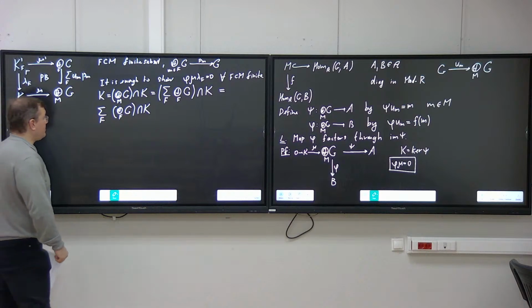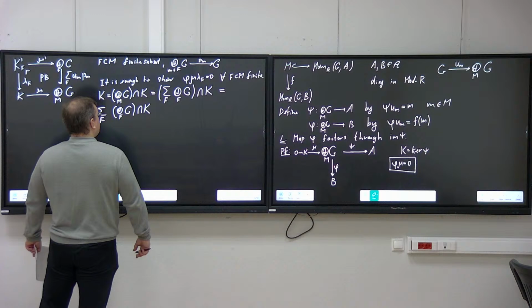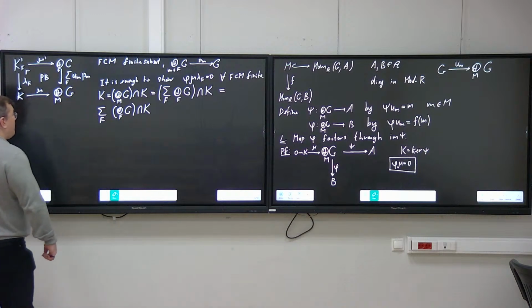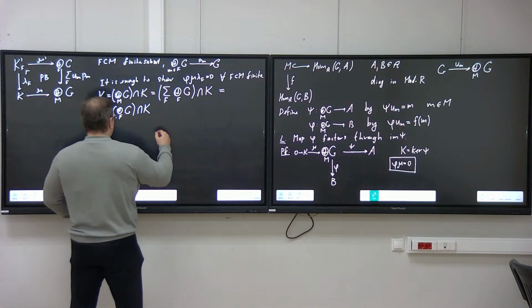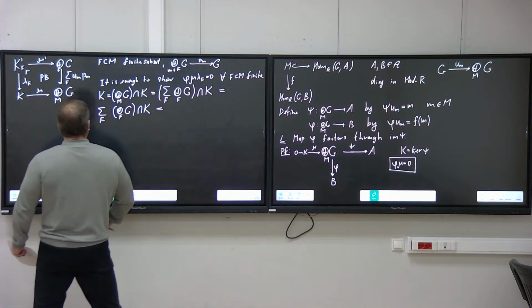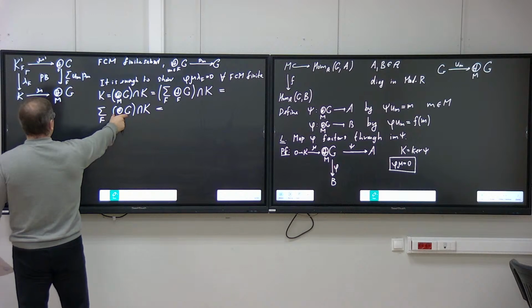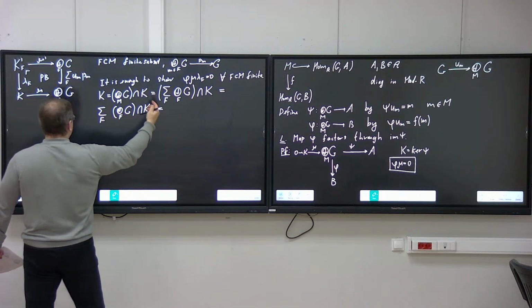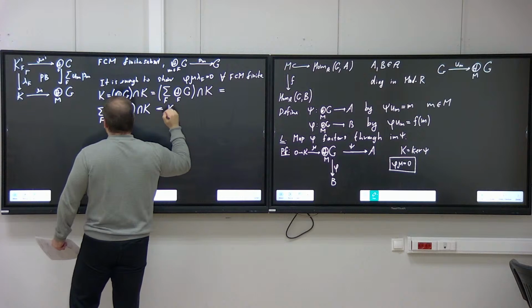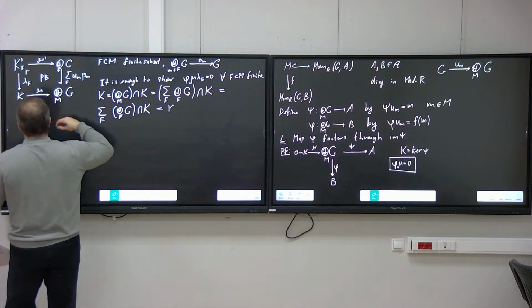There are several other equivalent definitions, but I can commute this sum over F with the intersection. But this intersection, or the finite sum of generator and the K, this is just by definition what was K prime F. So that was a pullback.